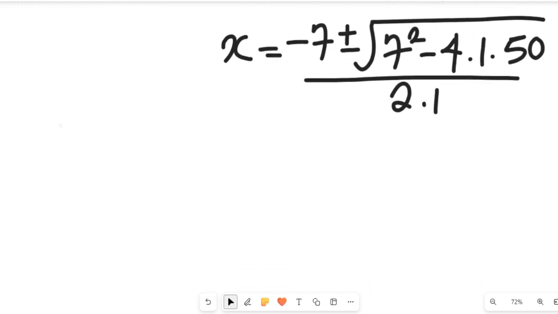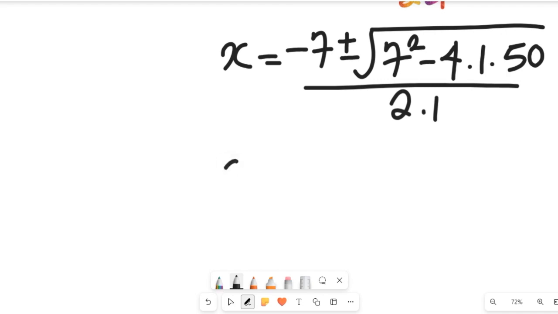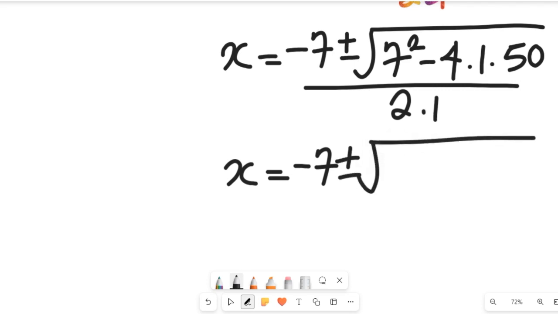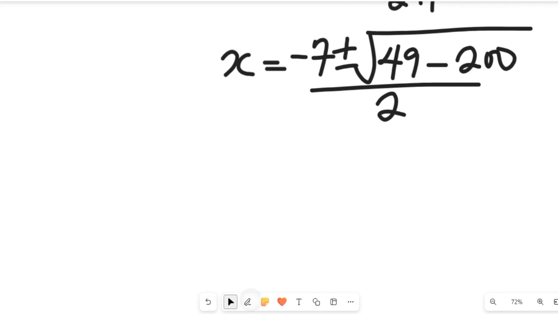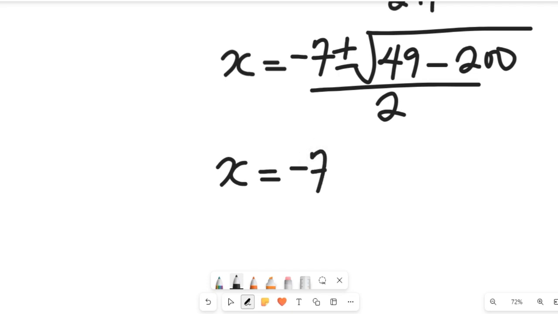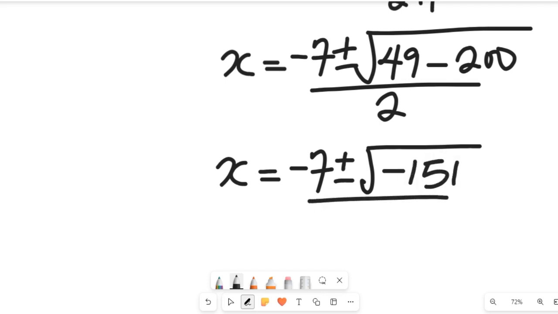To simplify that, x is equal to negative 7 plus or minus the square root of 49 minus 200, divided by 2. So 49 minus 200 is definitely going to give me a negative value. So x is equal to negative 7 plus or minus the square root of negative 151 divided by 2.